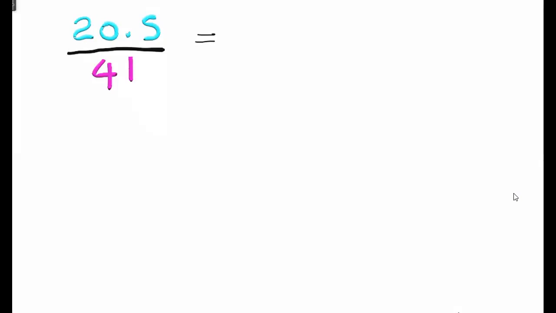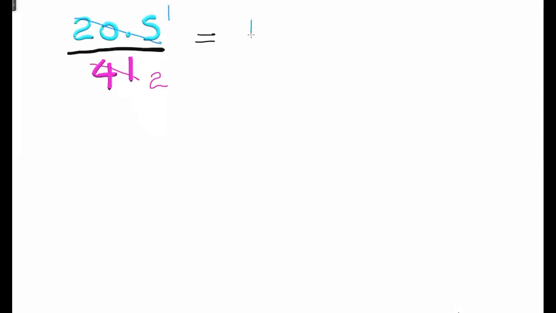Some of you would realize that 41 is double 20.5. Those who realize that fact can easily get the answer. 41 has two 20.5s and 20.5 has one of those.